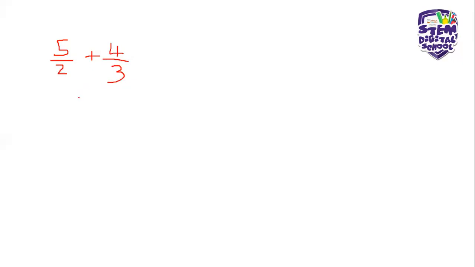So then you write them out. For 2, you write the multiples of 2: 2, 4, 6, I'll end at 8. The ones for 3: 3, 6, 9.